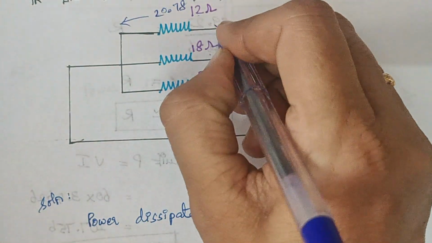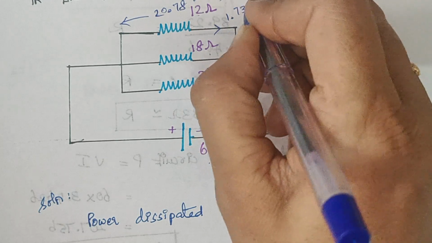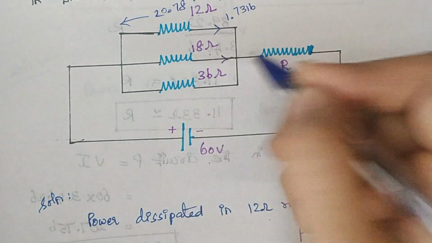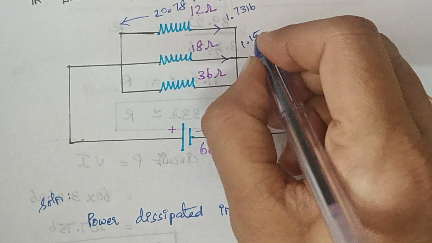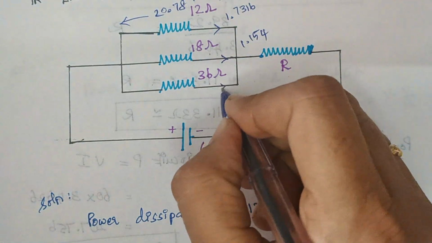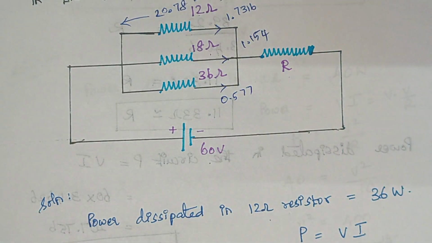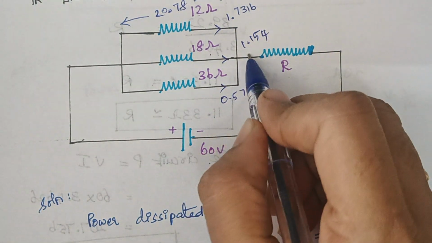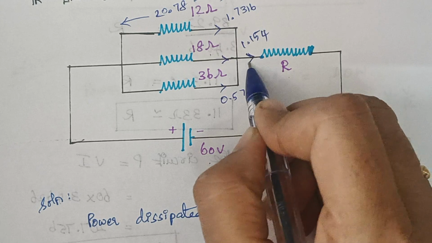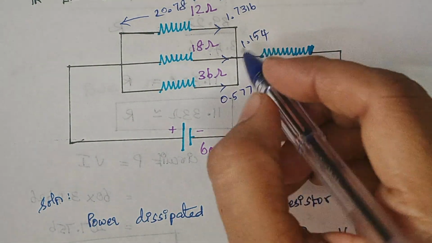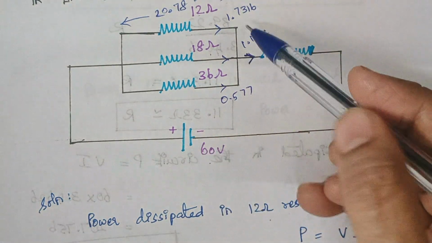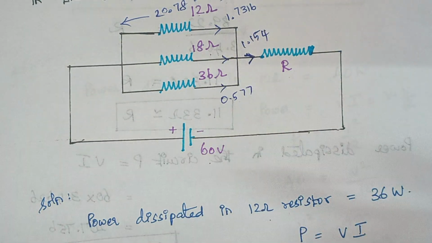Right. So you see, now we know the value of current flowing through these individual resistors. Here it is 1.7316 amps, here it is 1.154 amps and here it is 0.577 amps. Right. Then what will be the outcome current? This current will be equal to the summation of all these three currents.